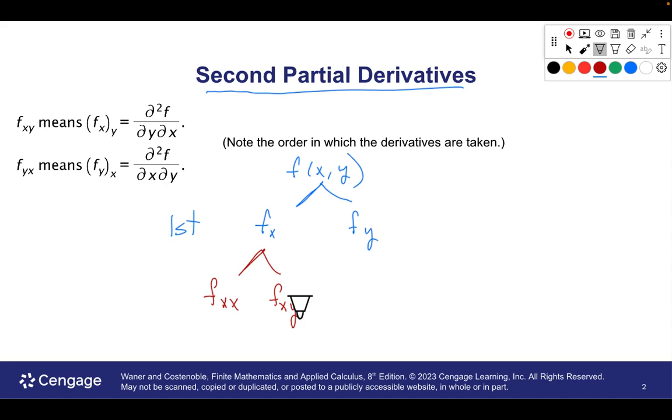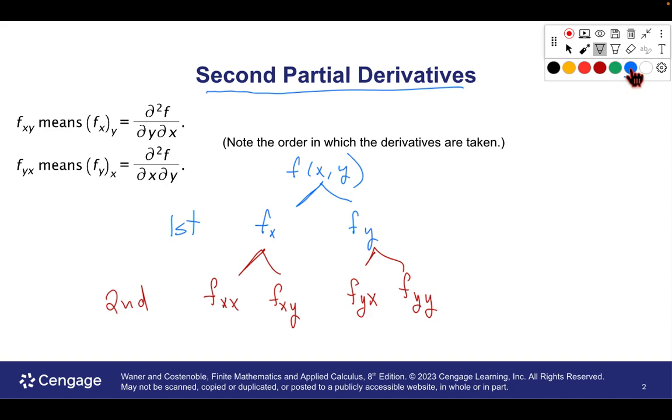Okay, so it's the same process. It's just we're starting at a different level. So we're just taking a derivative. And then over on the y side, these are second derivatives. We could take the second derivative of y with respect to x, or we could take the second derivative of y with respect to y.